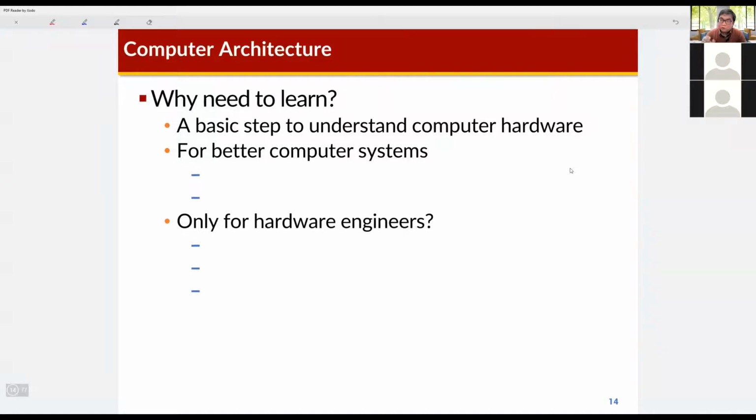If we want to purchase new computer systems such as a new desktop or new laptop computer, why do you want to use a new laptop or new desktop or new smartphone? It's also applicable. So what are better computer systems?